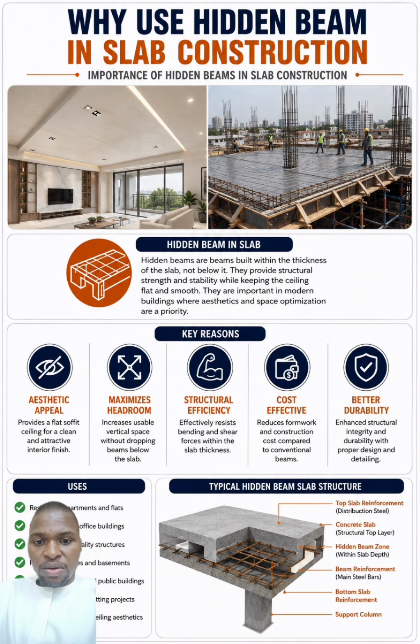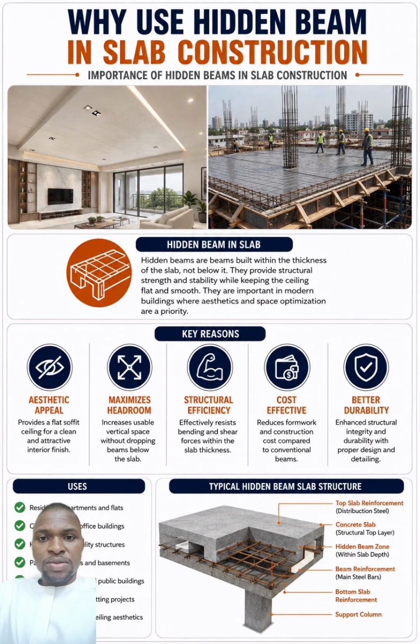So we have key reasons why hidden beams tend to be used. What are the reasons why we make use of hidden beam? The first reason is aesthetic appeal. It provides a flat ceiling surface for a clean and attractive interior finish.